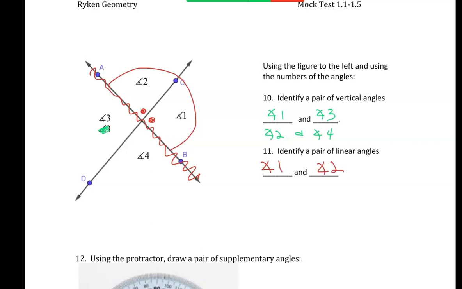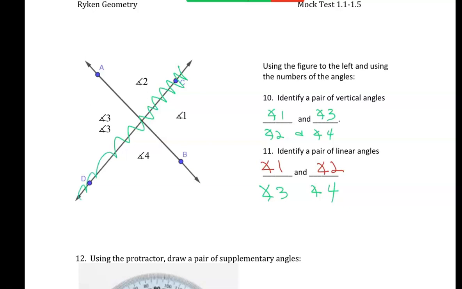If I did my rainbow the other way, I would have noticed that these two angles are a linear pair. So that makes it angle 3 and angle 4. I could have picked a different line. Let me erase this and we'll go for a different line. So why don't I pick this line?